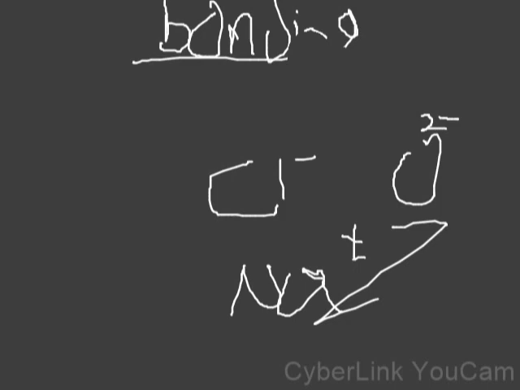Now, there are mainly 3 types of bonding. Or should I say 2? Yeah, 2: ionic and covalent. But before all this, we have intermolecular and intramolecular.